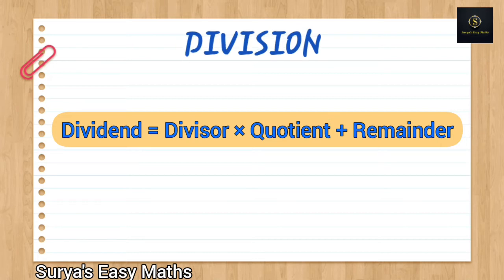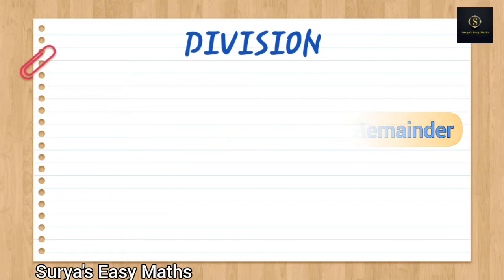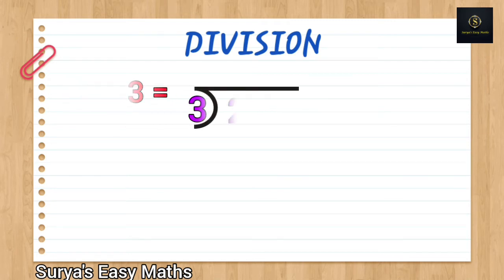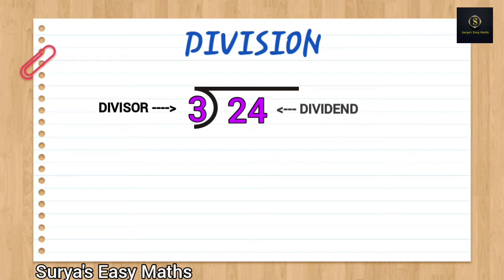So now let us see how to solve long division with the help of the first example. That is, 24 divided by 3 is equal to what? First we will write this in long form. So now here I have put them in the long form. Here, 3 is the divisor and 24 is the dividend.